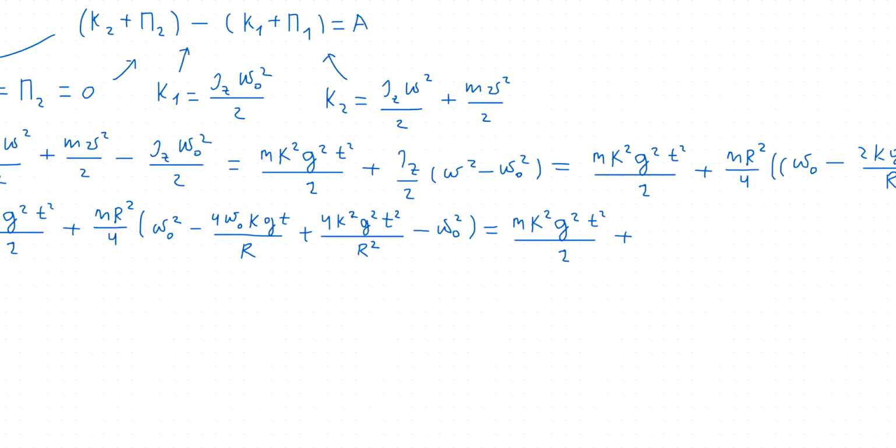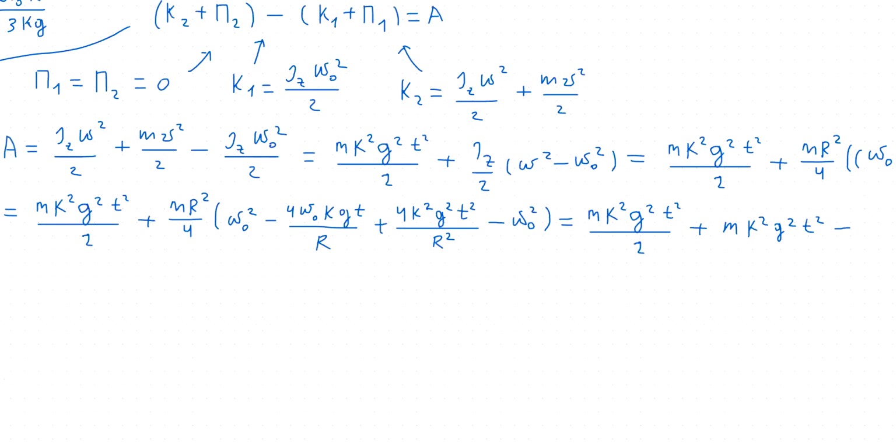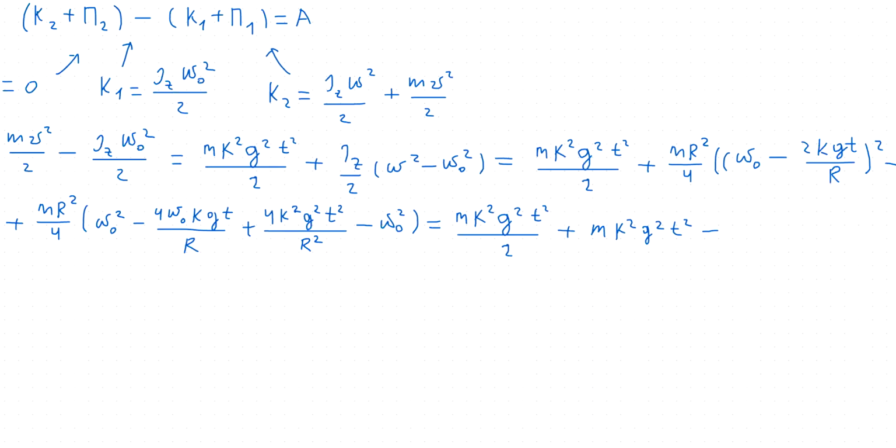And we will get m k to the power of 2 g to the power of 2 t to the power of 2. Yes, and r to the power of 2 is gone, and minus omega 0 r k g t.